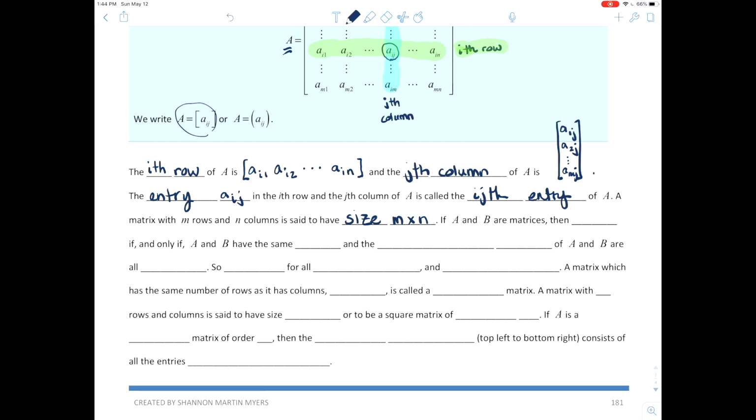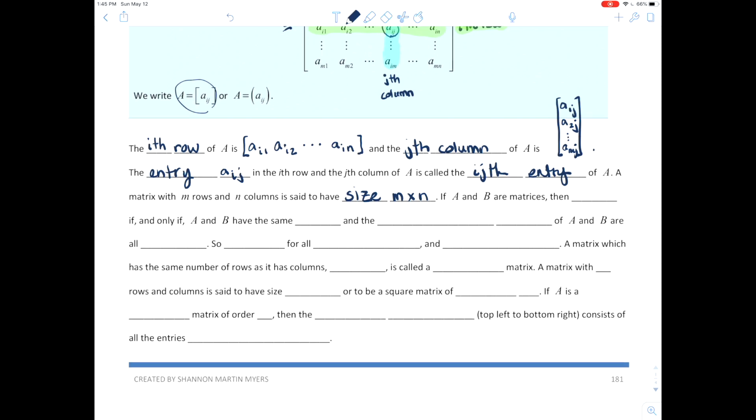If A and B are matrices, then A equals B if and only if A and B have the same size and the corresponding entries of A and B are equal.